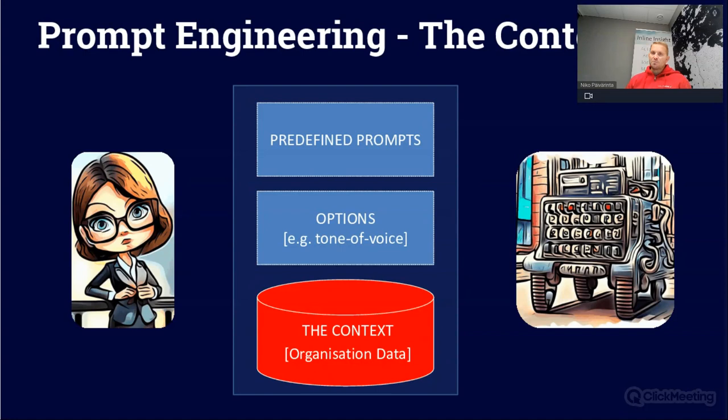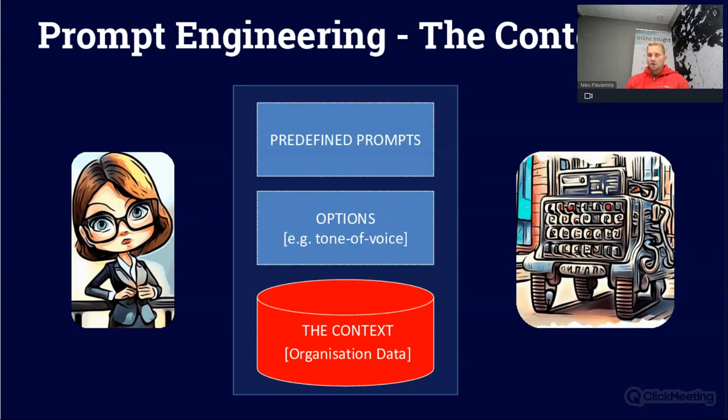Then a little bit more generic, you have different options, often tone of voice, length of the kind of text you want as an input. So generic options, and then maybe the biggest value added thing is the context.